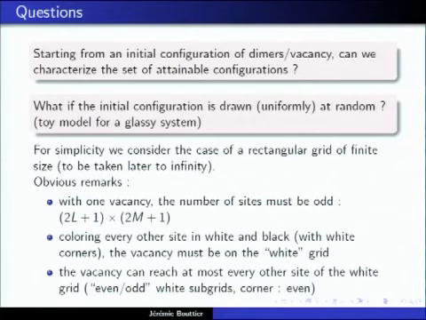Here, of course, we don't want to ask questions about convergence to infinity, except in the end. So we begin by considering a grid of finite size, and later we take the size to be infinite. The first thing you immediately realize is that if there is only one vacancy, then the number of sites in the grid must be odd.